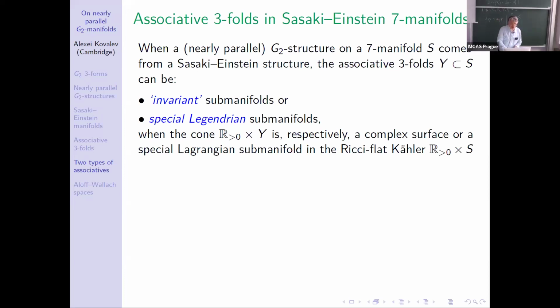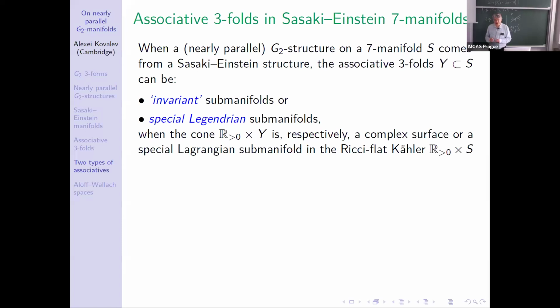So suppose that our nearly parallel G2 structure comes from a Sasaki-Einstein structure, as explained on the previous slide. Then there are two particular types that occur as associative submanifolds. They are known as invariant submanifolds and special Legendrian submanifolds.